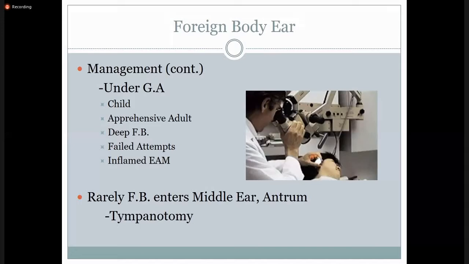So sometimes the foreign body from the external auditory canal enters the middle ear, and in those conditions, sometimes we have to remove the foreign body from the middle ear, on the posterior part of the mastoid, that is called the antrum, and sometimes tympanotomy has to be done. Or we can approach via post-aural. Major surgery is done.